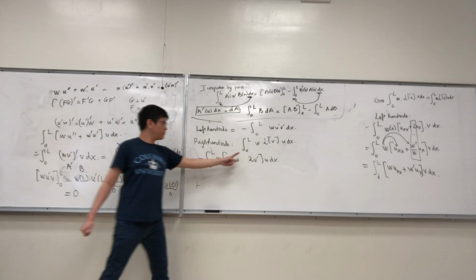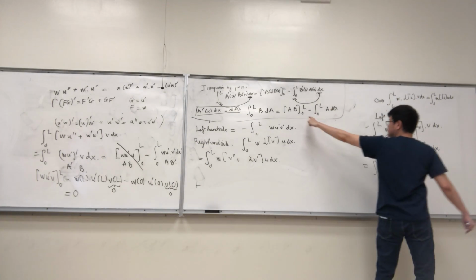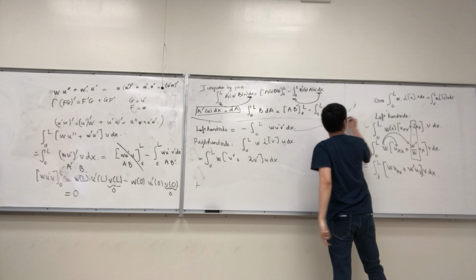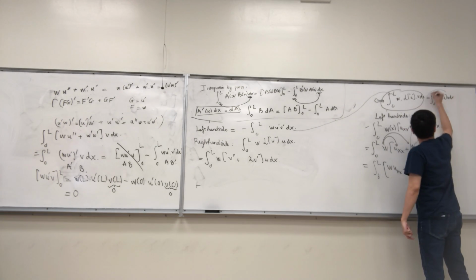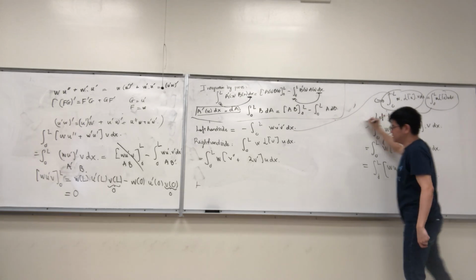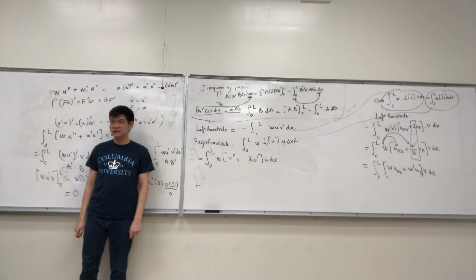So I showed that the left hand side is equal to this one. Now I'm going to show that the right hand side is also equal to the same guy.